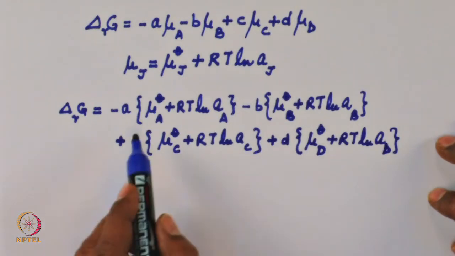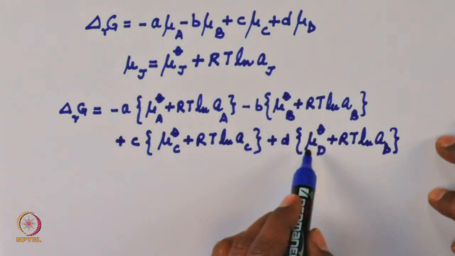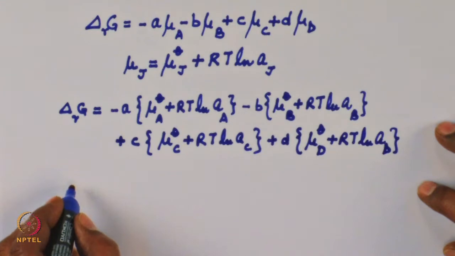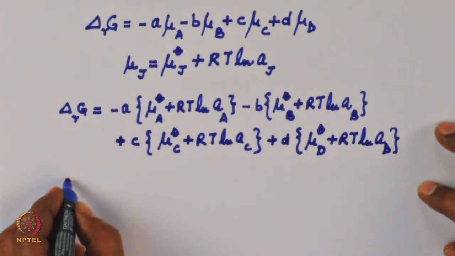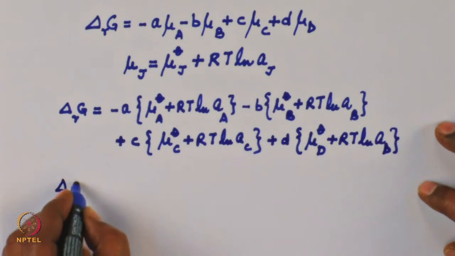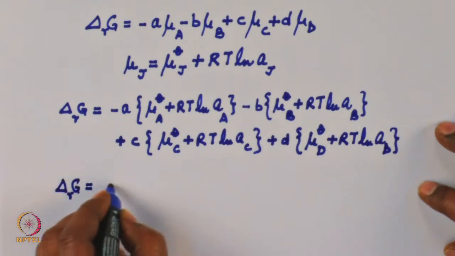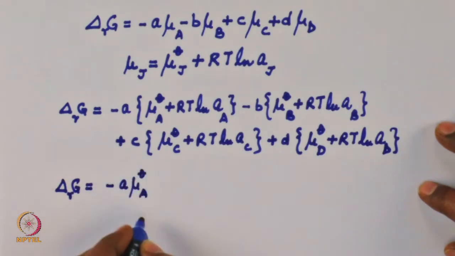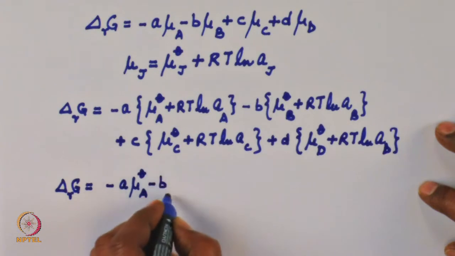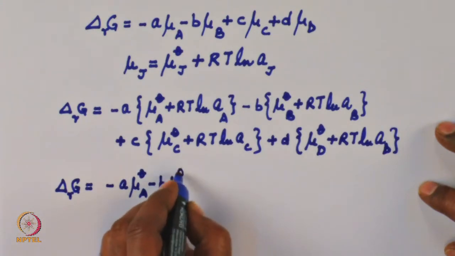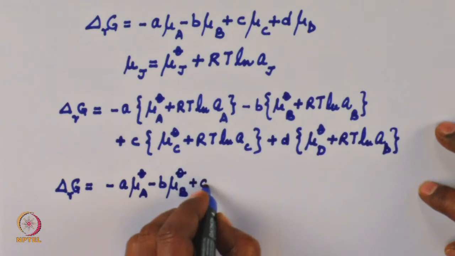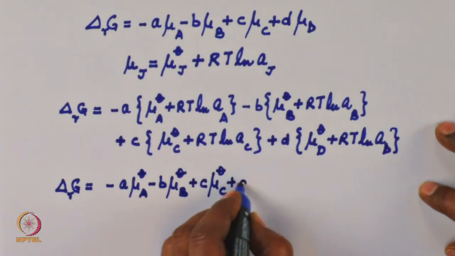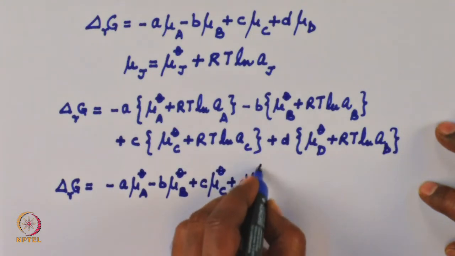Now, I will combine all the terms which are there for chemical potentials and for activity. Once you combine all those terms, the resulting expression is going to be minus A times mu A naught minus B times mu B naught plus C times mu C naught plus D times mu D naught.